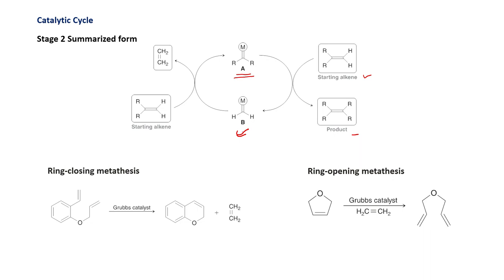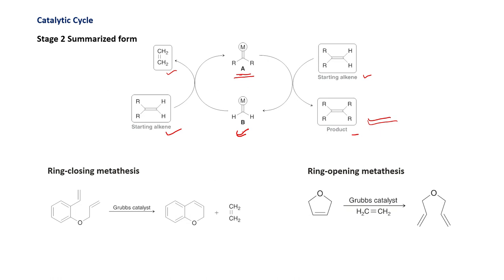And when intermediate B reacts with the starting alkene, it will give you ethylene and intermediate A. So this cyclic reaction continues and you will get your product in more and more quantity.